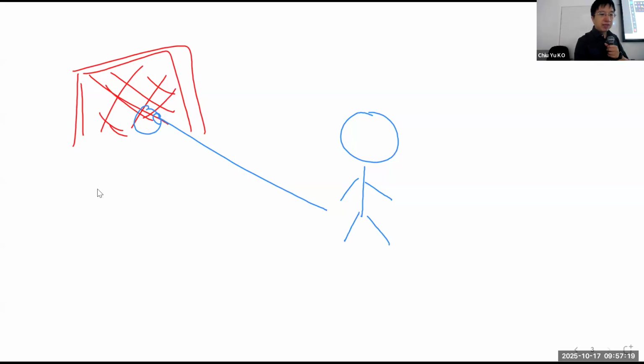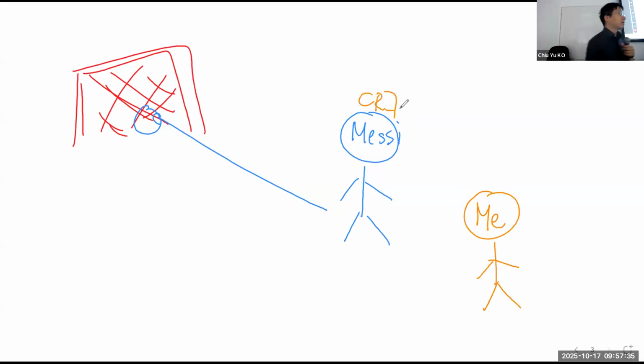And people like me are very bad at football. This is me. And this is likely to be Messi, or if some people like CR7, also fine, it doesn't really matter. And if it's me, I'm a terrible football player, so I will be unable to hit inside the net, but I may hit here, maybe hit here, sometimes over, right?